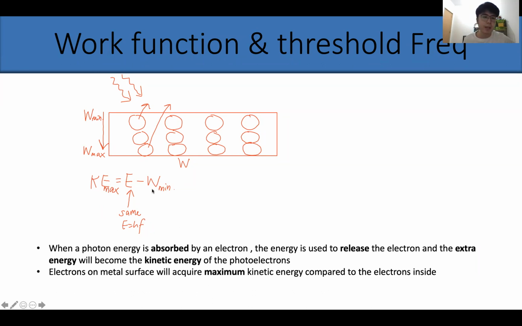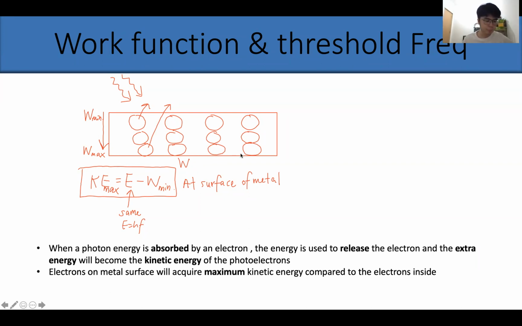So we write here minimum work function, you'll get a maximum kinetic energy. Where do you get minimum work function? At the surface of the metal, correct? So that means the electrons at the surface of the metal gain the maximum kinetic energy.